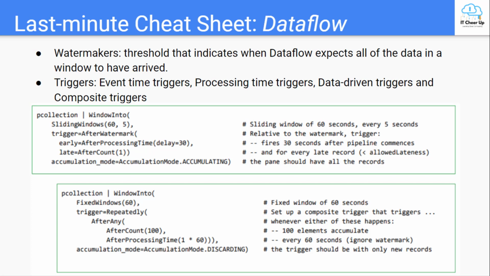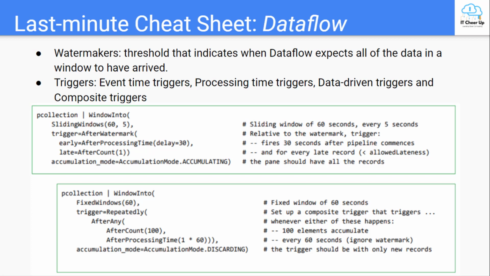Beam provides event time triggers, which operate on the event time; processing time triggers, which operate on the processing time; data-driven triggers, which operate by examining the data as it arrives in each window, and firing when that data meets a certain property.